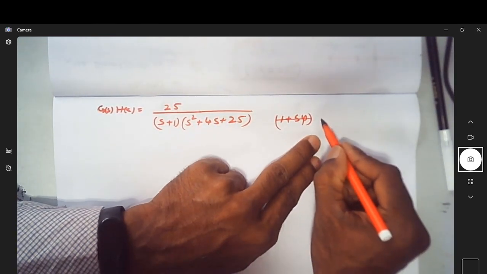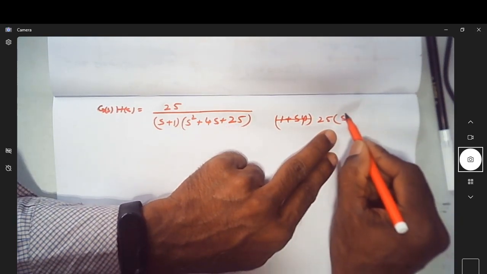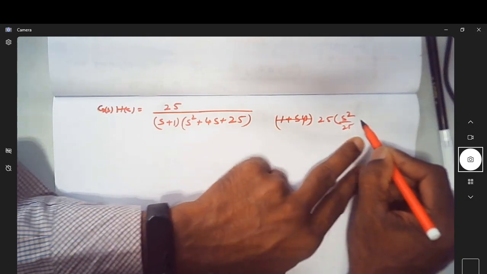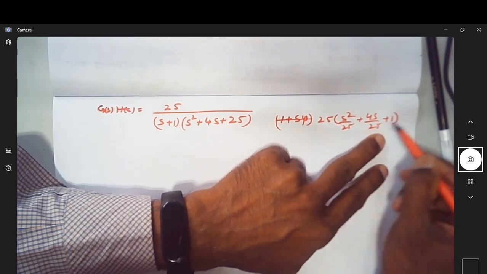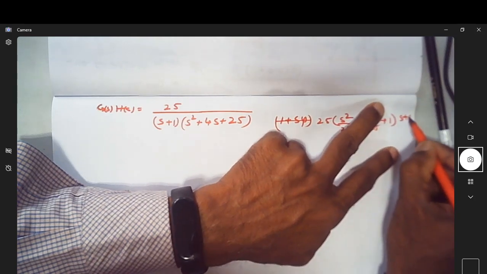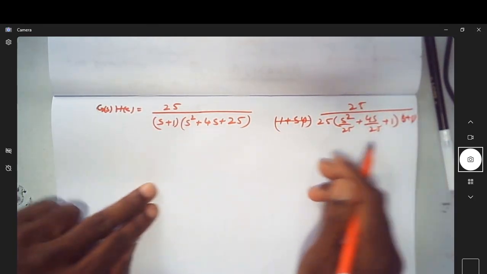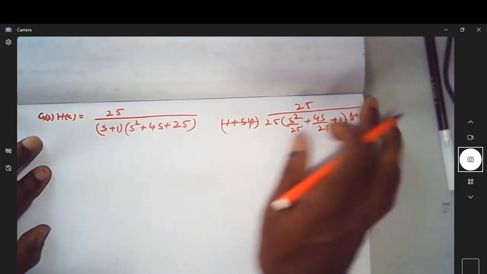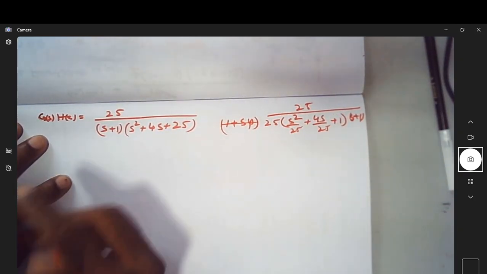So when I take 25 out of this quadratic equation, it becomes s square by 25 plus 4s by 25 plus 1, and this is s plus 1, and in the numerator I have 25 only. So this is the transfer function I end up with after converting into time constant form.